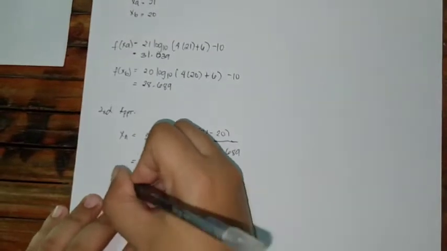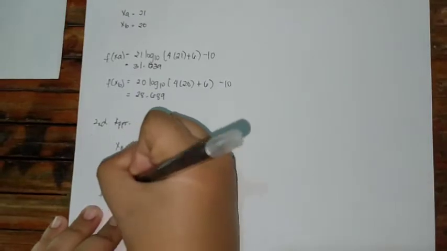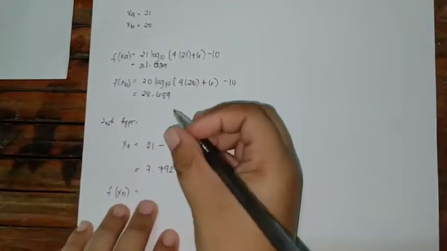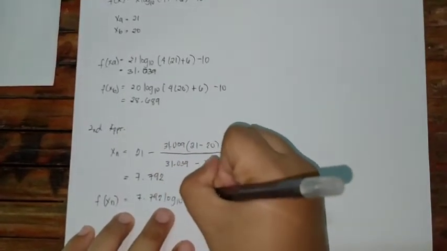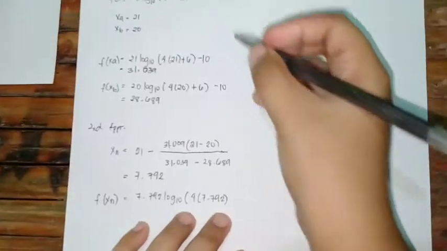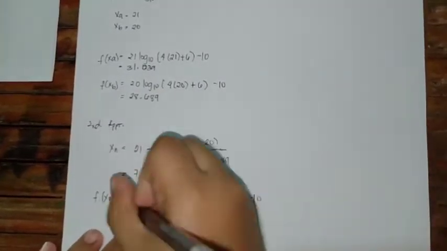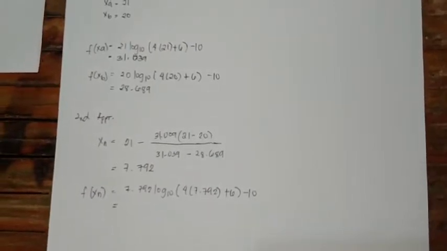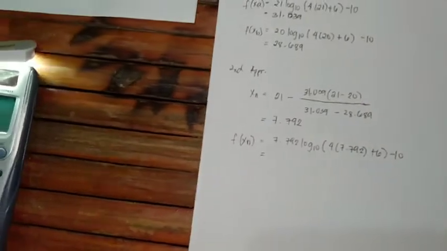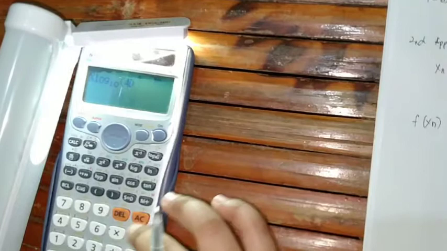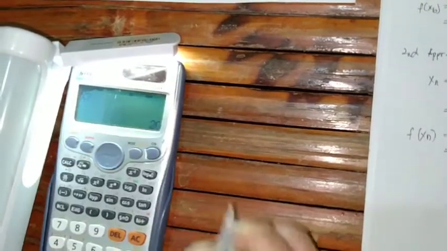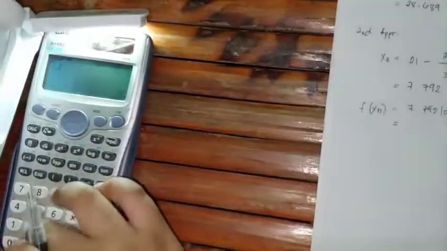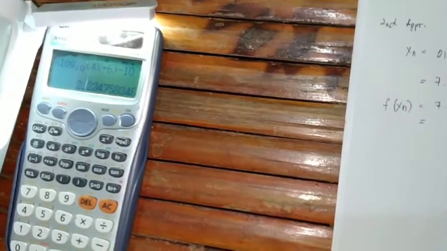So we have f(x_n) = 7.792 log10(4 times 7.792 + 6) - 10.